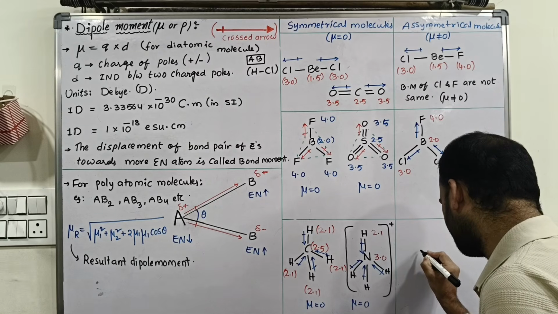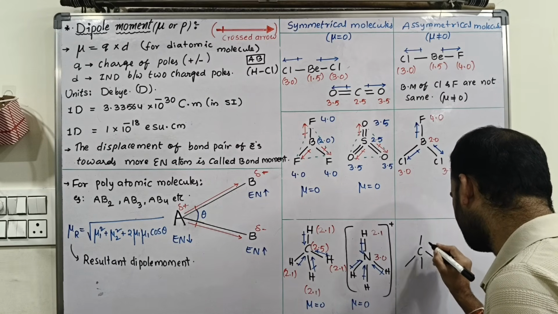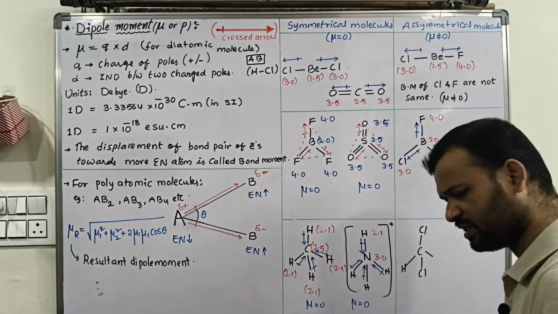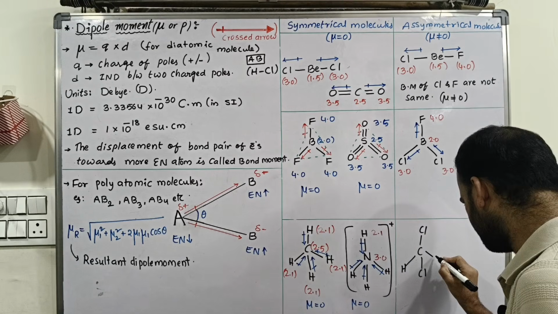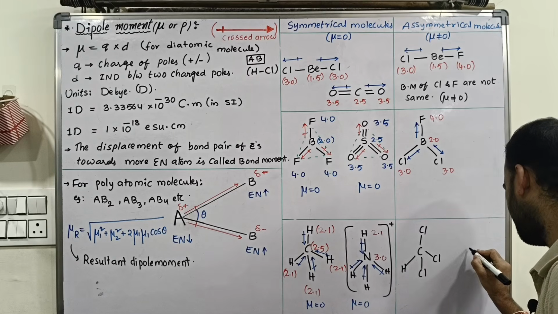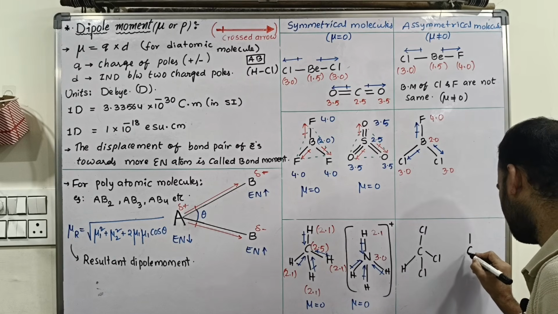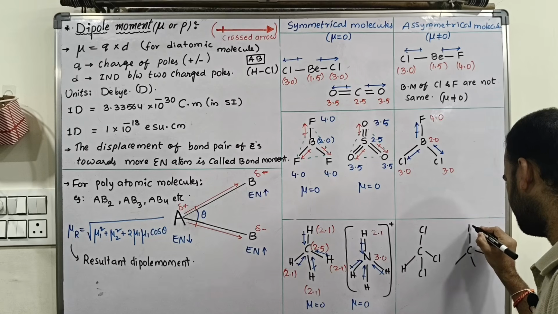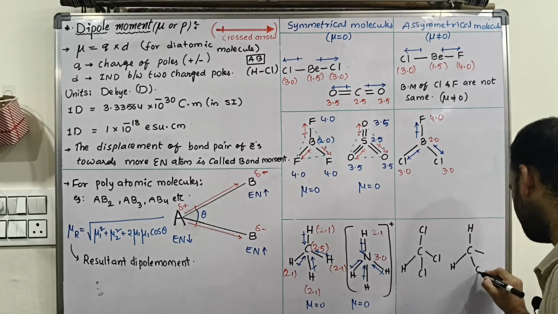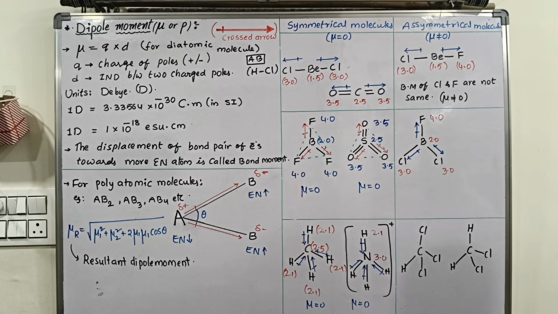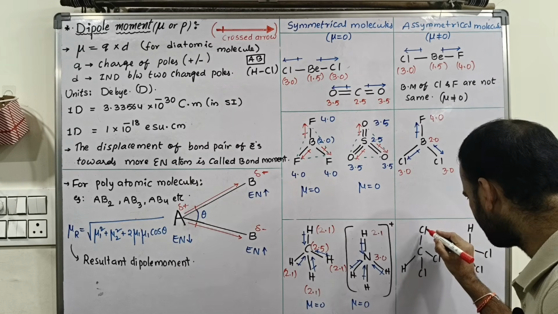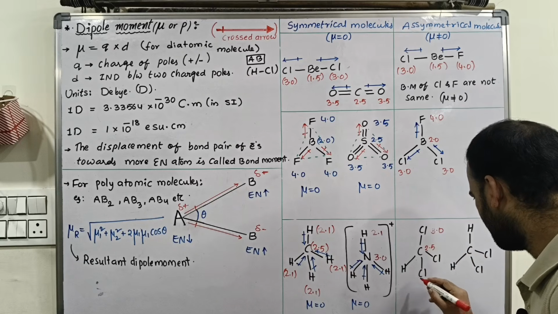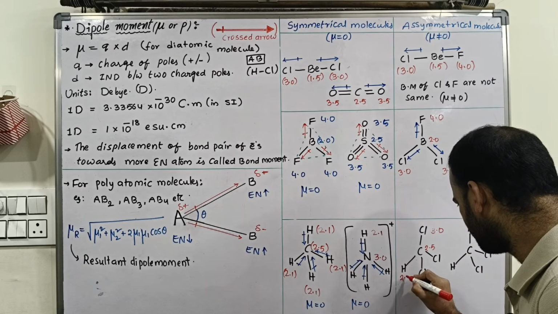For example, take CHCl3, and I am taking one more, CH2Cl2. Here the electronegativity of chlorine is 3, carbon is 2.5 and hydrogen is 2.1.